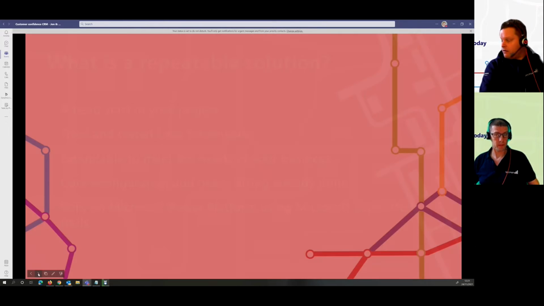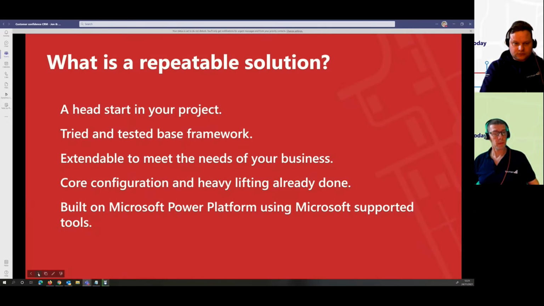So let's talk about what a repeatable solution is. A repeatable solution is essentially a head start of a core product that you can embed for your project. It's a tried and tested base framework. As mentioned, we can extend the account management solution to meet the needs of your business.